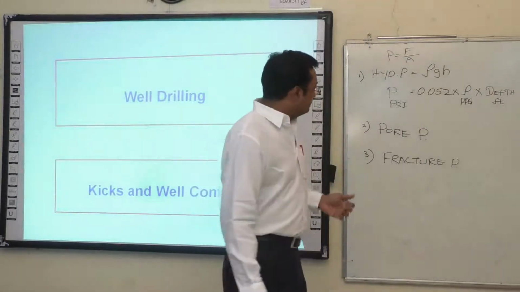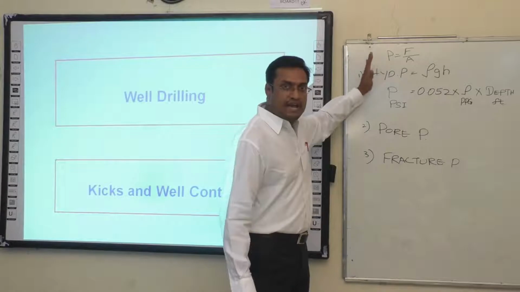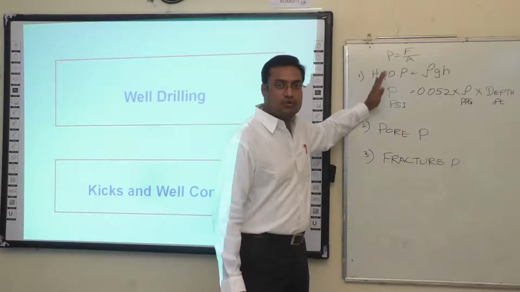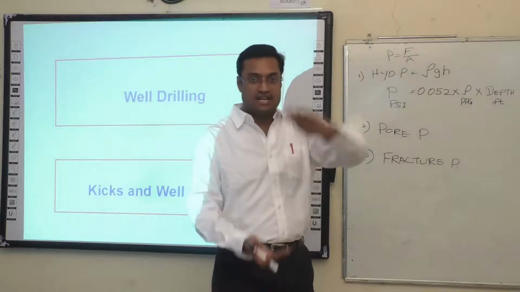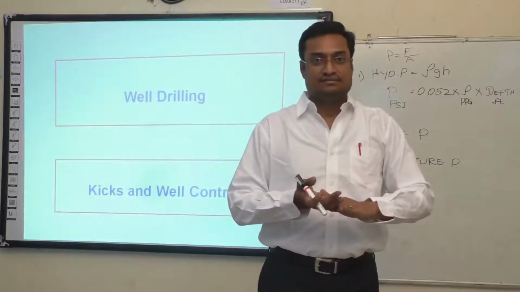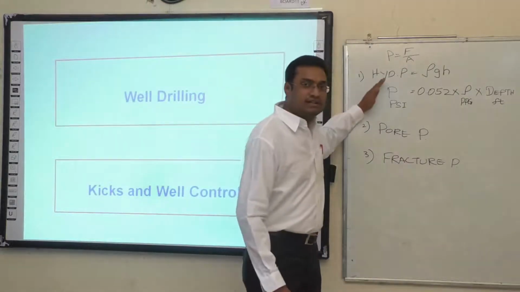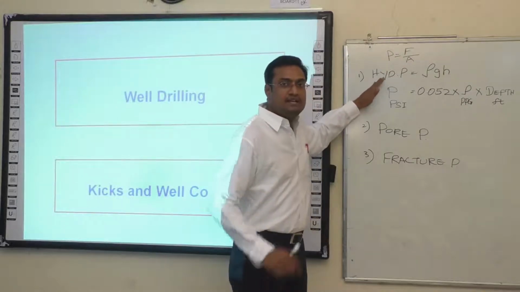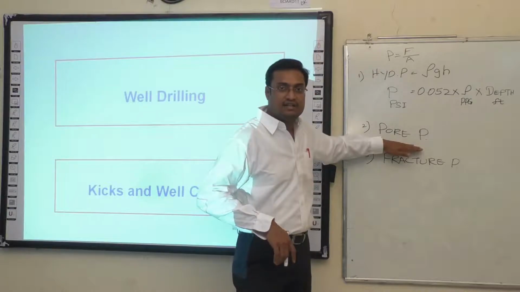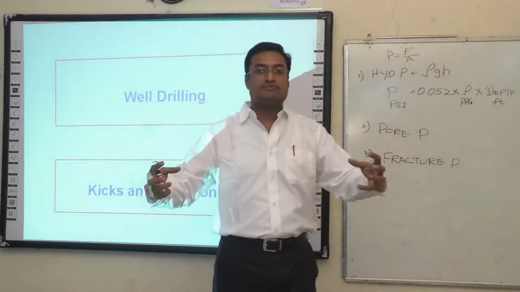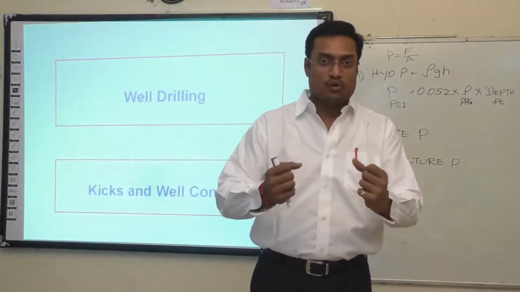When we are drilling, we have to use drilling fluids which will exert a hydrostatic pressure. And that hydrostatic pressure should always be slightly more than the pore pressure, so that the formation fluids will not enter the wellbore.